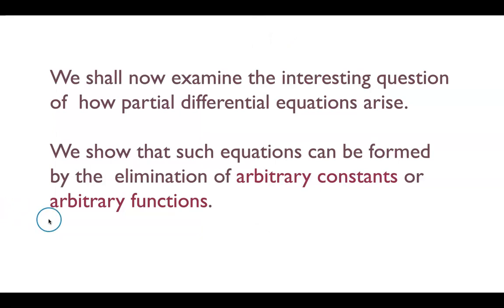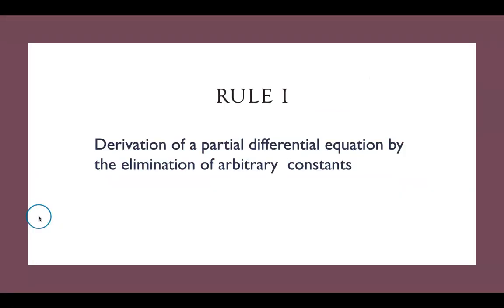We are going to show that such equations can be formed by the elimination of arbitrary constants involved in the equation or by eliminating arbitrary functions given in the relation. The first rule we discuss here is the derivation of a partial differential equation by the elimination of arbitrary constants.